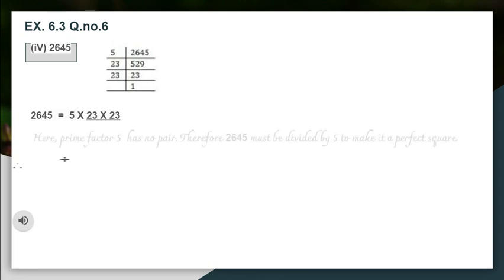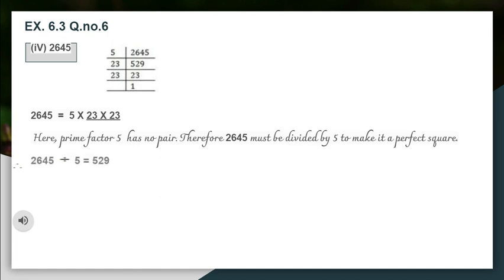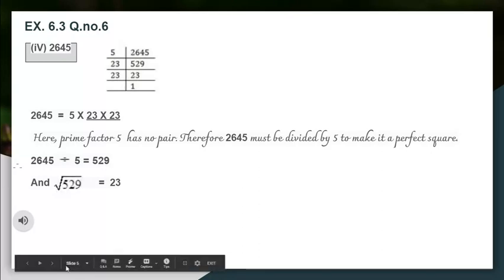The answer is, here prime factor 5 has no pair. Therefore, 2645 must be divided by 5 to make it a perfect square. Therefore, 2645 divided by 5 is equal to 529 and root 529 is equal to 23. Clear?